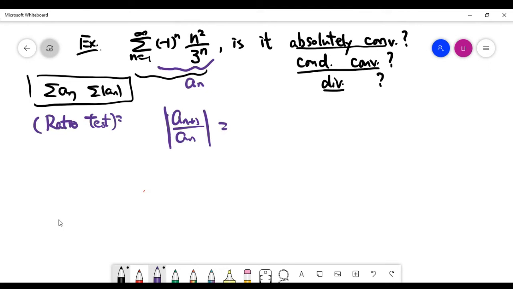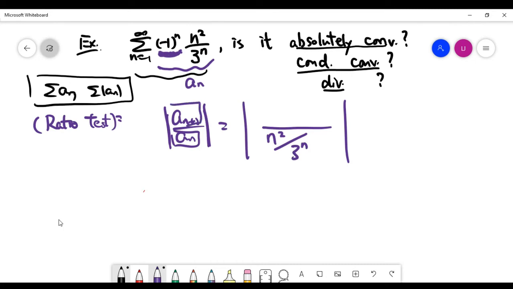Whenever you apply the absolute value sign, we can forget about the sign change term, (-1) to the power n, right? So for the bottom, which is a_n, I can simply forget about the (-1) to the power n. The bottom is just n squared divided by 3 to the power n, and the top is the term a_(n+1), which means I can replace n by n plus 1 everywhere.